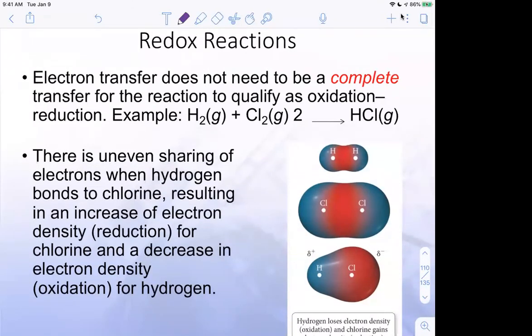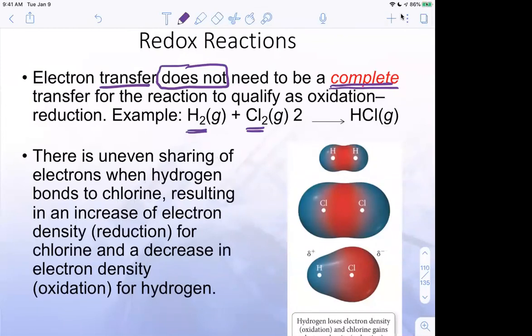Now, notice that my electron transfer does not need to be a complete transfer for this to qualify as an oxidation-reduction reaction. Here, I have a nonpolar diatomic molecular element hydrogen, and I have a nonpolar molecular diatomic element chlorine.